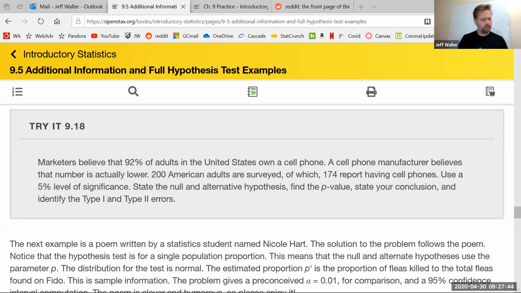Oh, where's my eraser? There you are. I think I'm gonna go this way. Elevate.